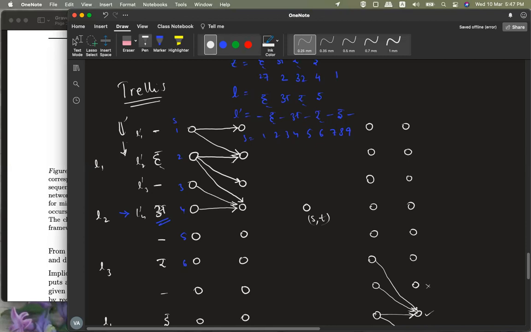After her, I can immediately get an a. I need not go through the blank. So this state can be arrived at from either the same state, the previous state, or the previous to previous state, right? But the condition is that this state should not be blank, because if it is blank, like here, it can come from here or here, but it cannot come from here, right? Because we cannot skip a her.